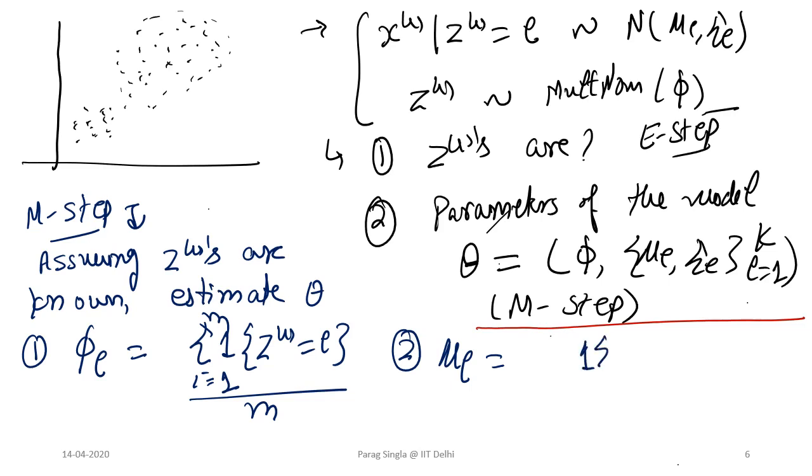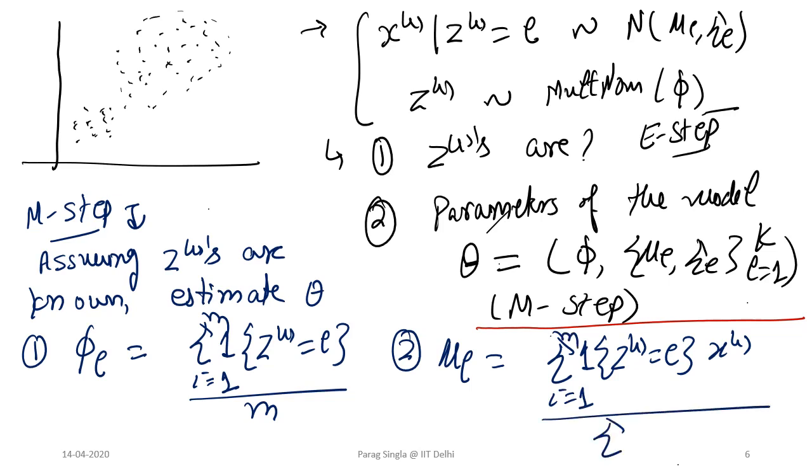So this will be the indicator of zi equal to l, and then take all the points which belong to this cluster, i equal to 1 to m, and then divide by essentially the number of points which belong to this cluster, i equal to 1 to m. So this is our mu l, and this is being done for each of the clusters. And finally, let me write it here.